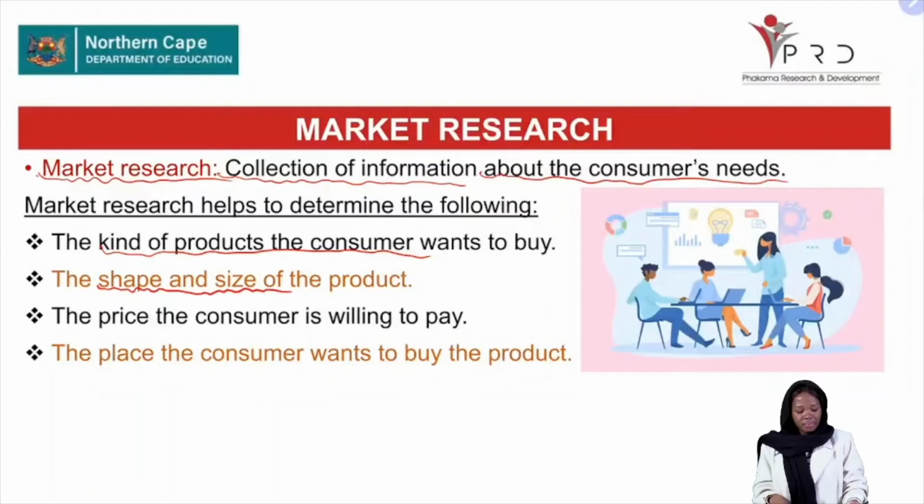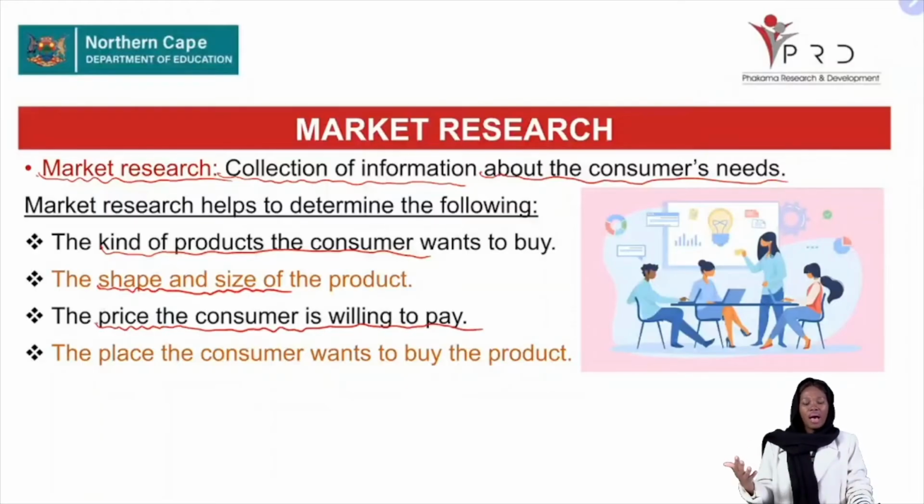Thirdly, the price: determine the price the consumer is willing to pay. You should ask consumers questions about the price they are willing to pay, whether it's 5 Rand or 10 Rand for a product or 20 Rand for a single product. You need to collect all that information. And the last one, the place.